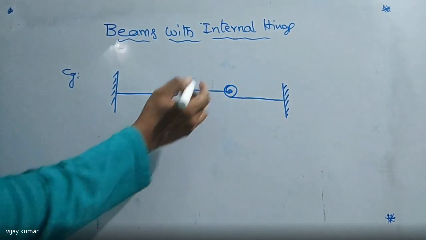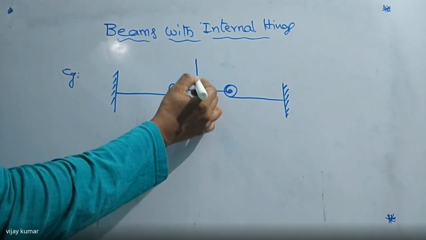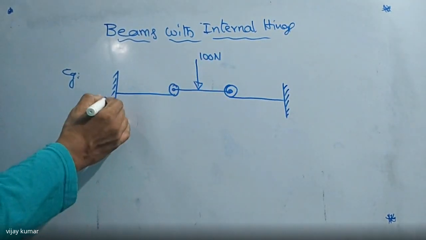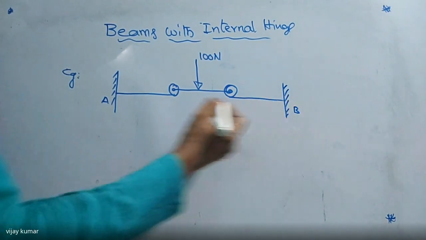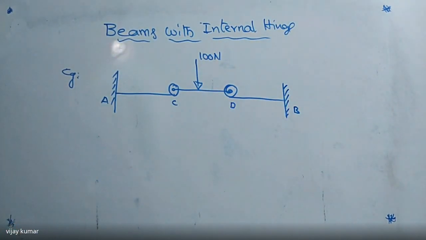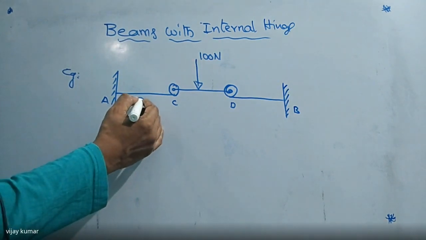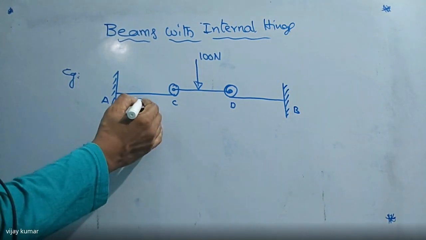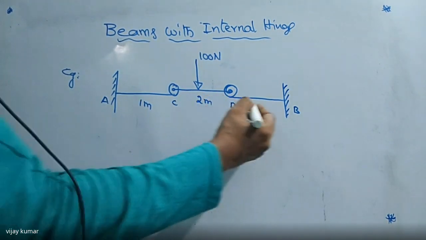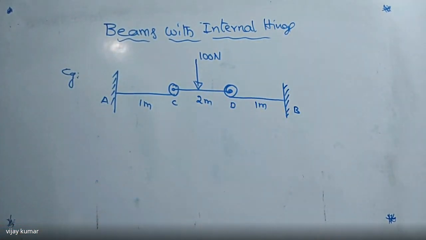These two are hinged here, but one force is acting here, equal to how much? 100 newtons. This point is A, this point is B, this point is C, and this point is D. This is given as 1 meter, this is 2 meters, and this is 1 meter.